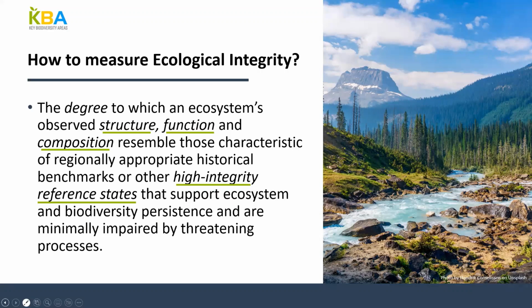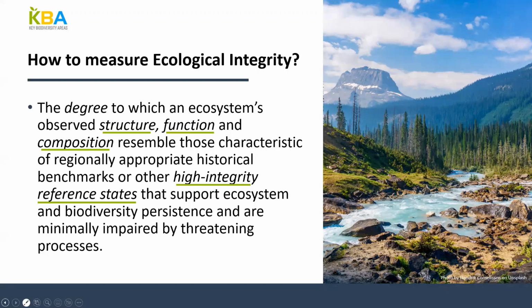So as you can see, this definition accepts that the composition of natural ecosystems can actually be dynamic over space and time. And the use of the word degree in the definition is referring to the fact that ecological integrity of any area can fall along a spectrum of sites having outstanding ecological integrity, all the way to sites whose ecological integrity may have collapsed.